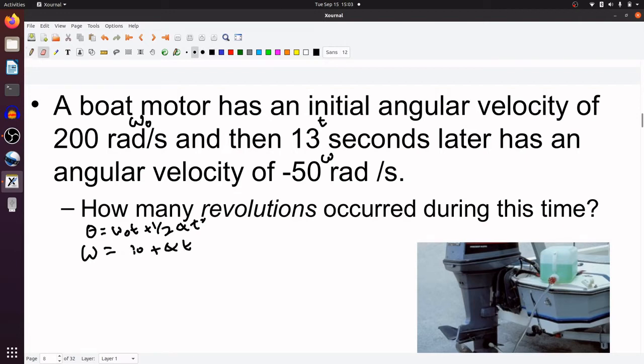So negative 50 radians a second equals 200 radians a second plus alpha times 13 seconds. So we take negative 50 minus 200, so that's negative 250, and divide that by 13. That's going to give me negative 19.2.